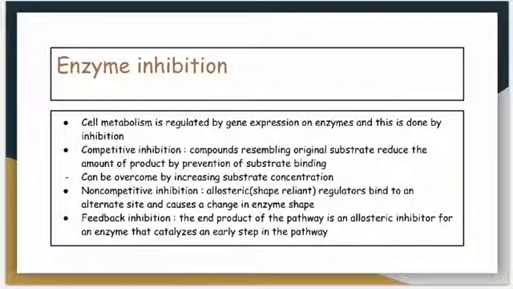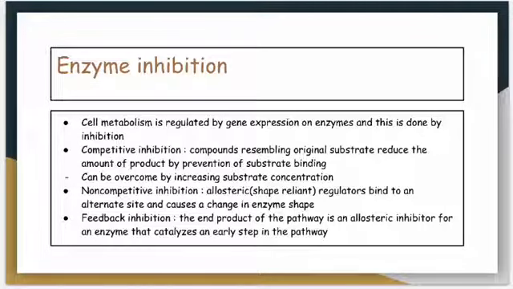Cell metabolism is tightly regulated by gene expression on enzymes, and this is done by inhibition. There are two types of inhibition. First is competitive inhibition, and that's when a compound resembling the original structure reduces the amount of product by preventing the amount of substrate that can bind to the active site. And this can be overcome by increasing substrate concentration.